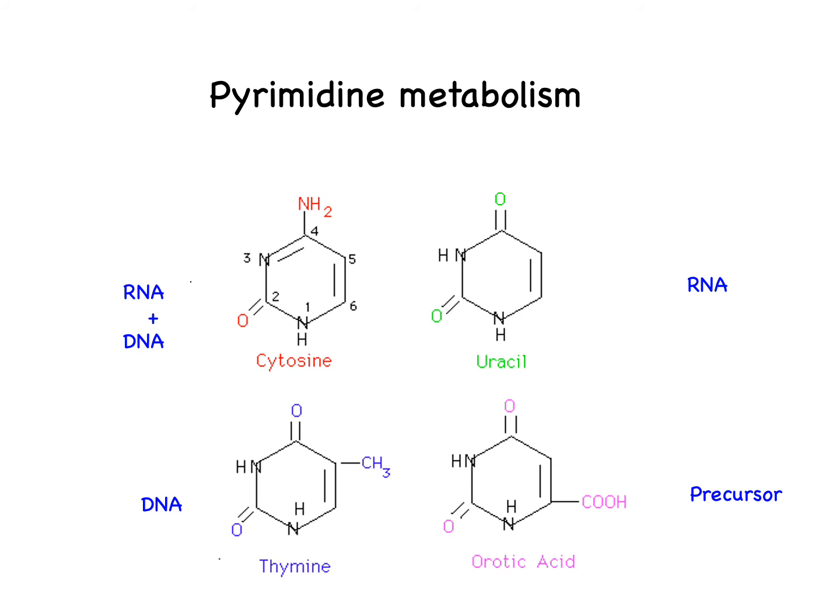If you notice the structures here, the difference between uracil and thymine is a methyl group attached to the ring, and so that's the only difference in the bases between RNA and DNA.